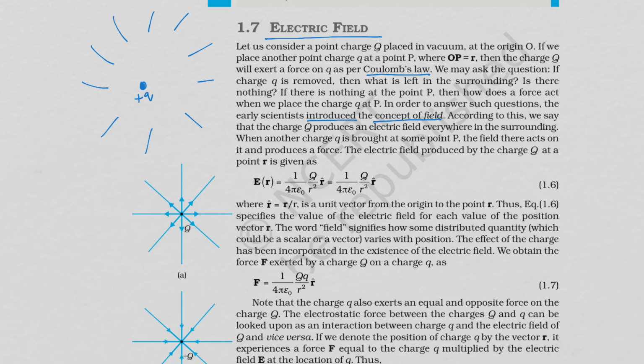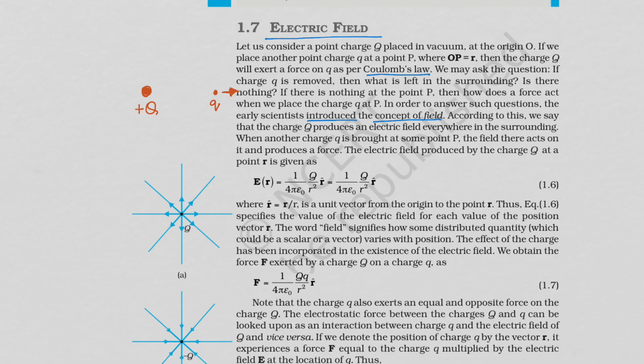So in one way, electric field is just a region around a charged body. Let me put it in this way. Suppose there is a charged body with charge positive Q, capital Q. Then if we bring any other charge, let's say small q, within the region of this big charge body, then this small charge q will feel a force.